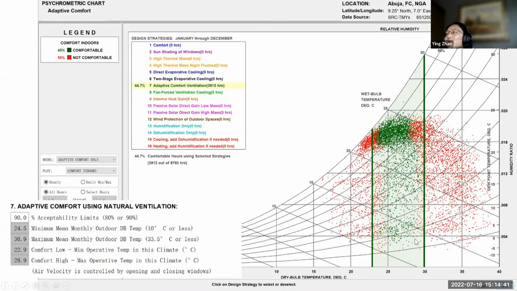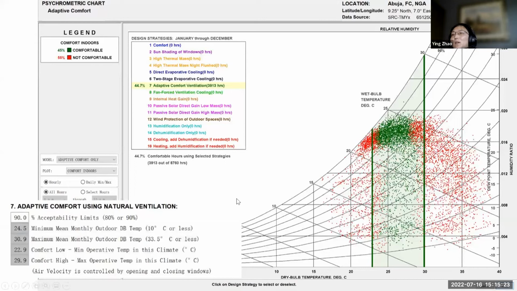This chart also shows the adaptive comfort natural ventilation. The natural ventilation we talked about in the slides before is not for the adaptive. Adaptive considers that people change their clothes, like to use fans, or adapt psychologically because they have natural ventilation, so they extend their comfort zone.